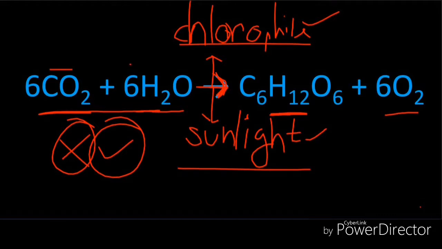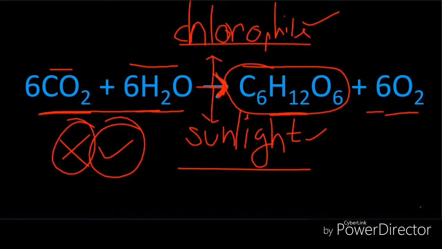and here we have 6 H2O, or water molecules, and these are taken by plants from the soil. And when this reaction happens, we get a sucrose molecule, and that's the basic sugar or basic food that is generated for all life on earth.